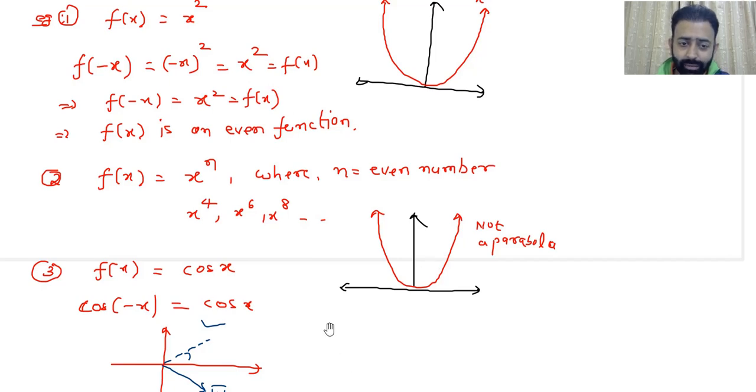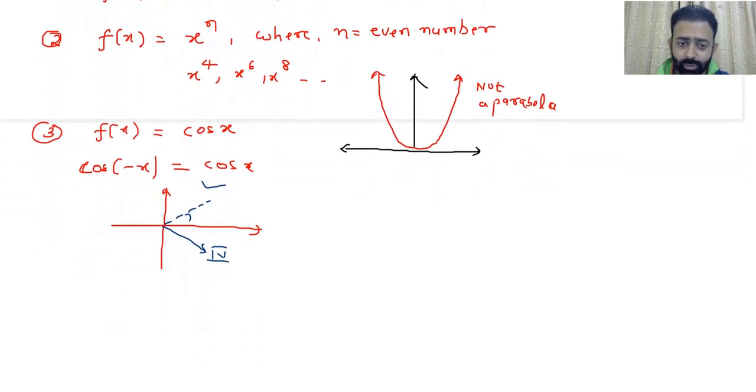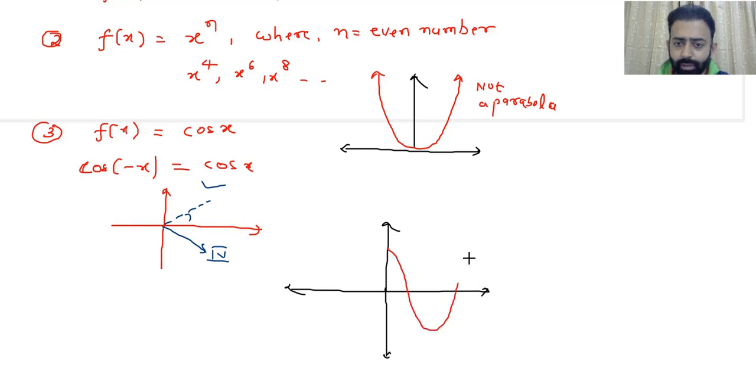Okay, and lastly, you must have known the graph of the cos function. This is your coordinate axis, and the graph of cos starts from 1, because cos 0 is 1, so the graph goes like this till 360 degrees.